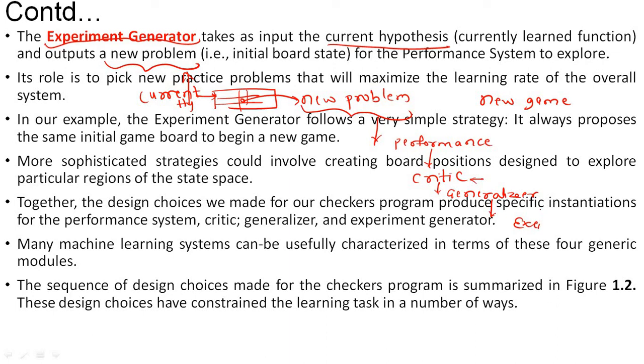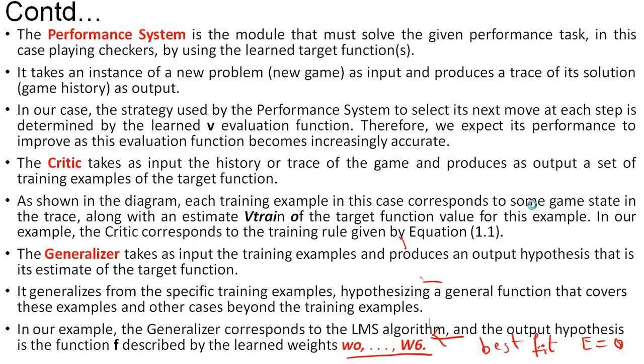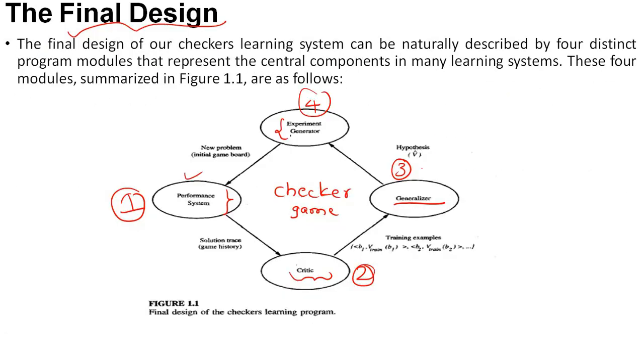As you can see, this diagram is a cyclic diagram, because the performance system will take the input new game and send the solution history or game history to the critic. The critic will take that game history and know which kind of input is provided by your system and which kind of input it has to provide.